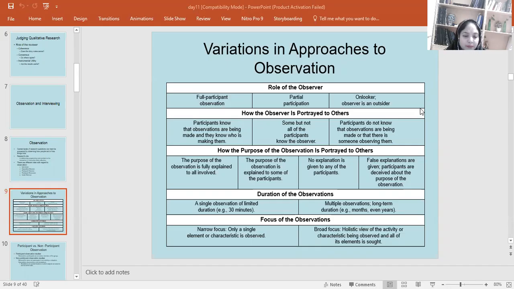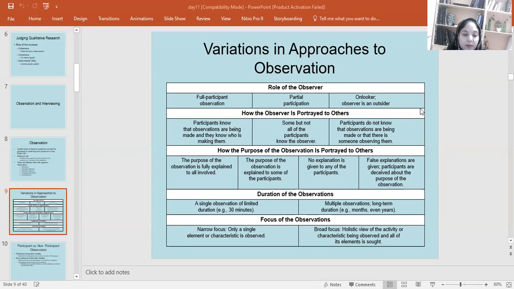Let me give you the example. In the full participant observation, participants know that observations are being made and they know who is making them. As you are performing a role as a researcher, and your participants are also informed about the observations, that is called full participant observation.